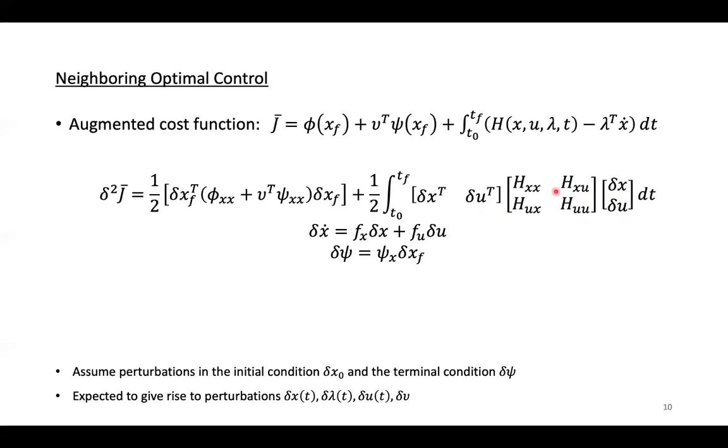But along with that, you also have some cross terms, of the form X transpose HUX U plus U transpose HXU U. So this is slightly an extension to the standard optimal LQR problem.